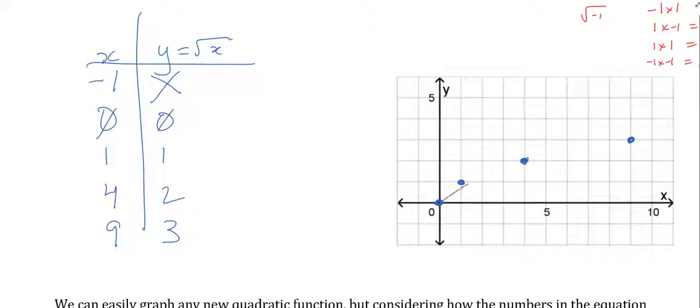And this is what this graph looks like. Like that. So what does it look like? It looks like half of a parabola, but lying down. Don't graph both. It's not a full parabola. It's only ever half.